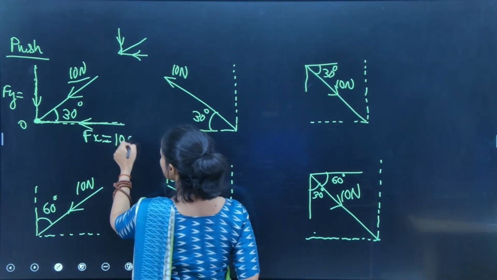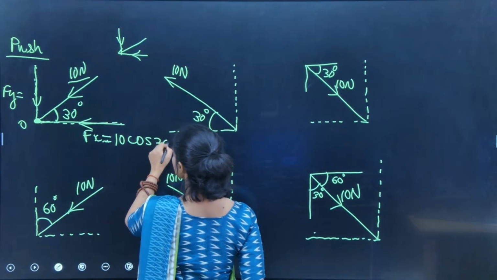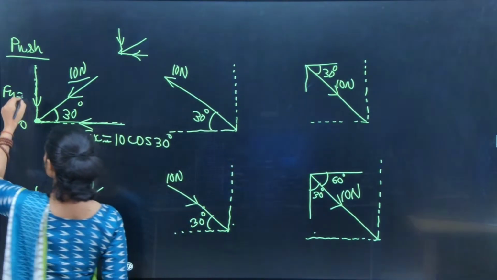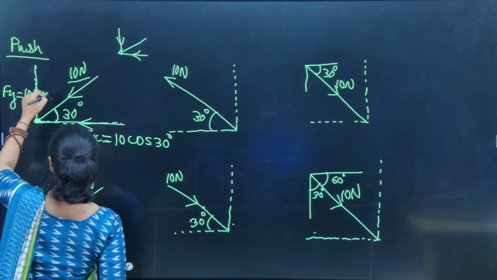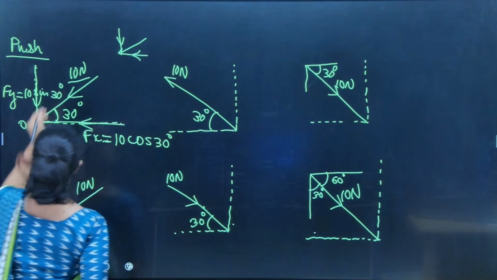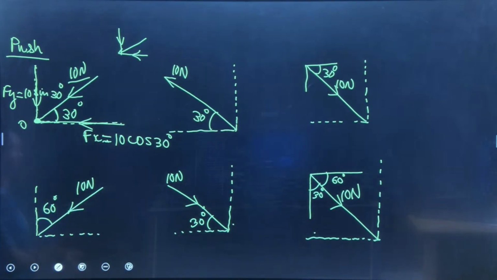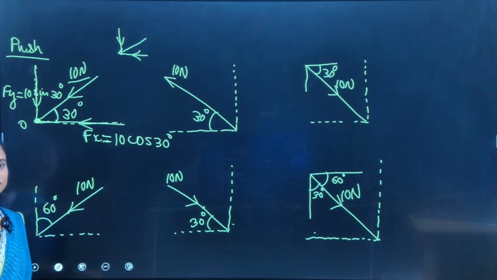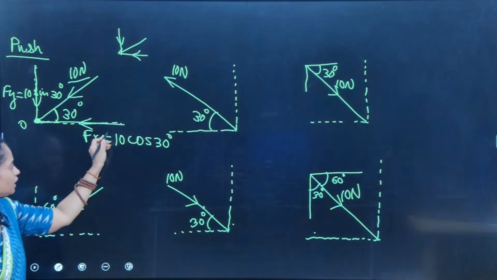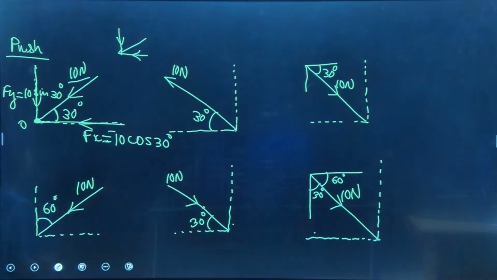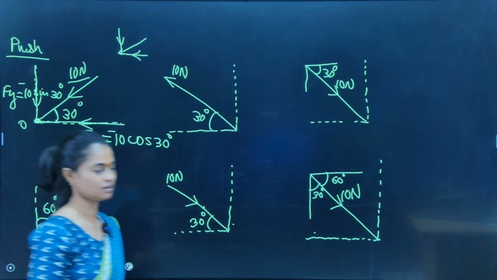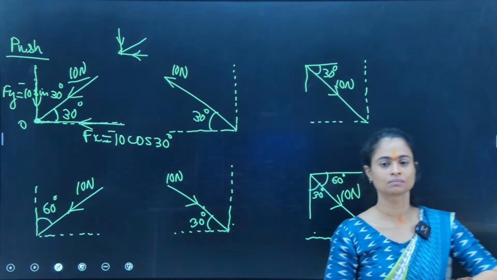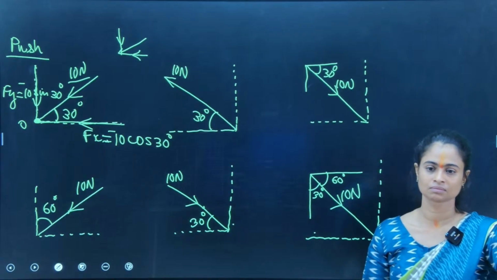So 10 cos 30 degrees, and Fy would be 10 sin 30 degrees. But since Fx is directed towards the left, we take it as negative, minus 10 cos 30. And since Fy is acting downwards, we take it as minus 10 sin 30 degrees. Clear?